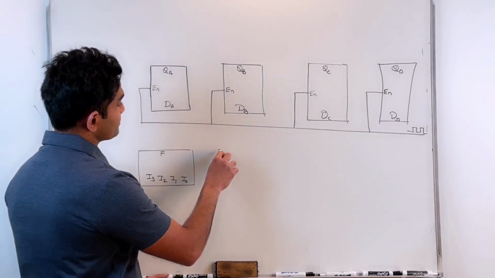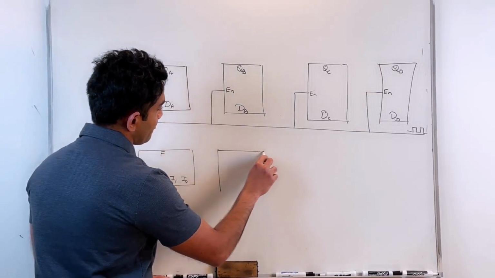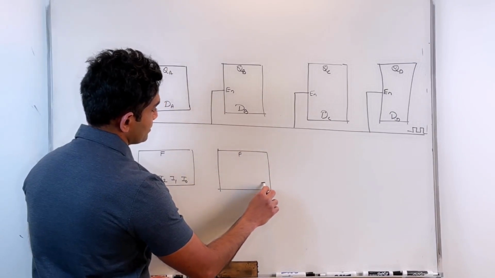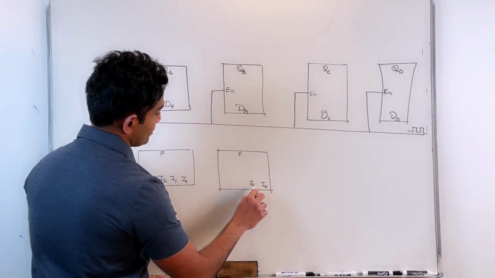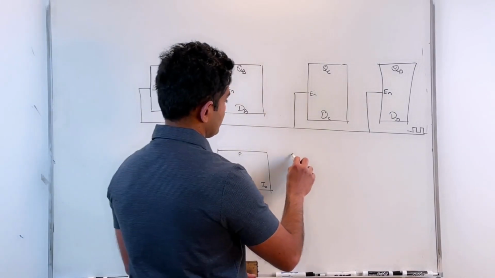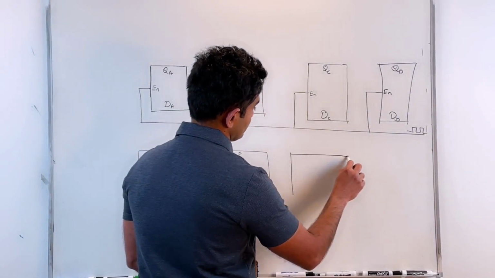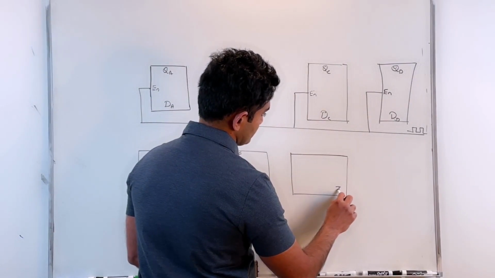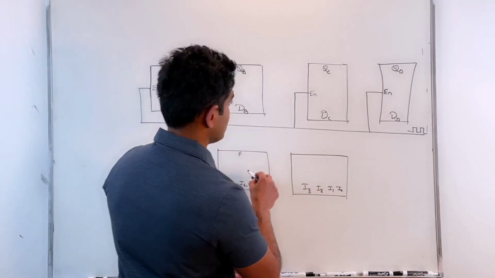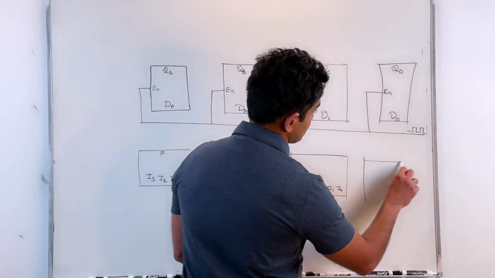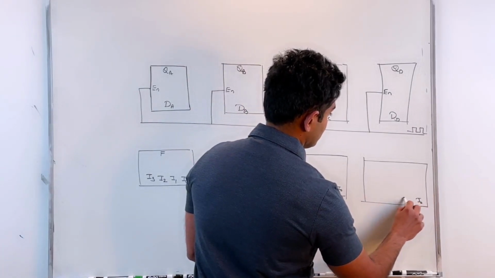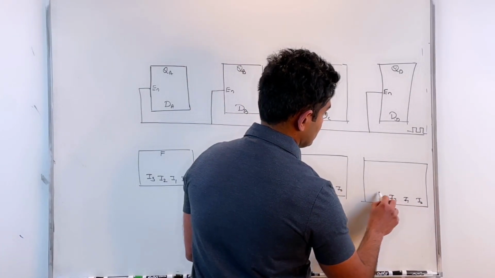I'll use 4 of these. That's the output. I0, I1, I2, I3, I0, I1, I2, I3, and one more. This one is going to be tricky.